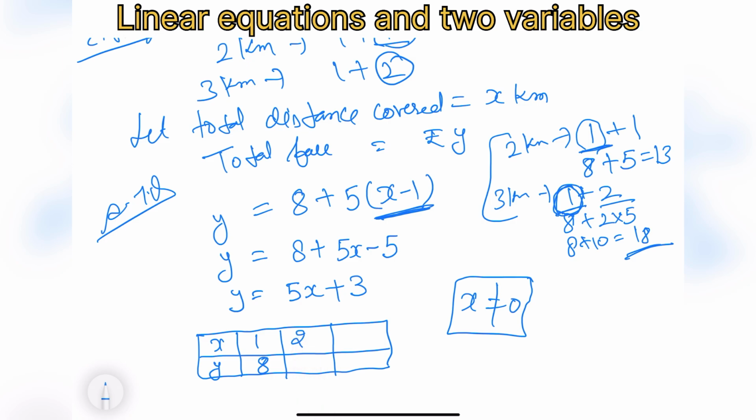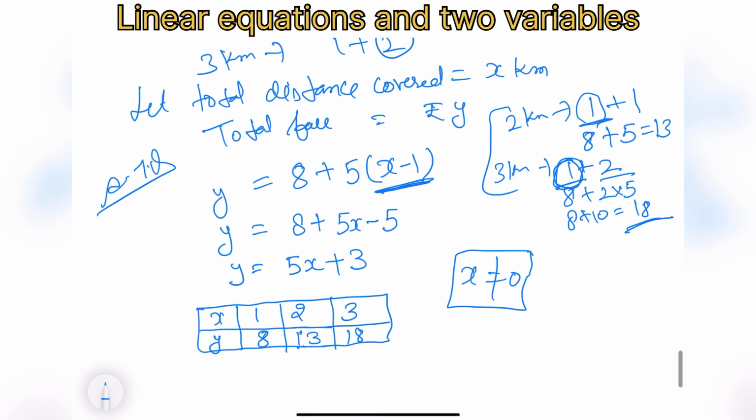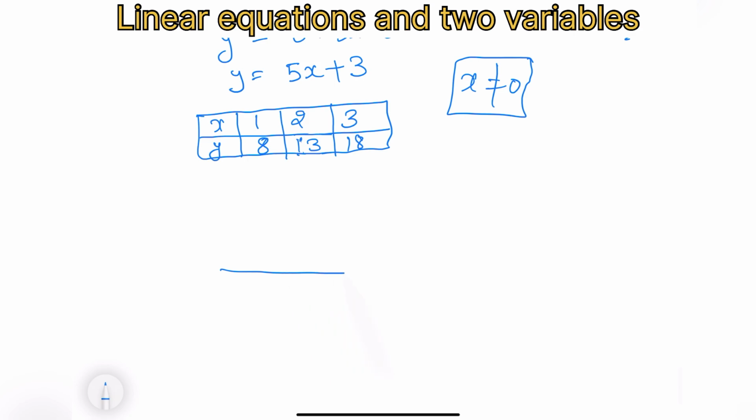If we cover 2 kilometers of distance, we have to pay rupees 13. If we cover a distance of 3 kilometers, we have to pay rupees 18.